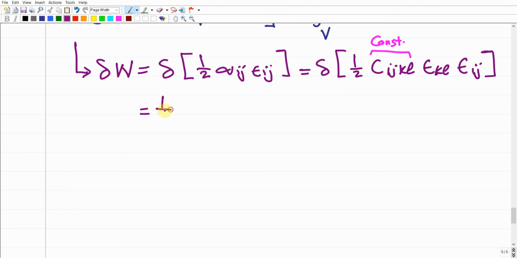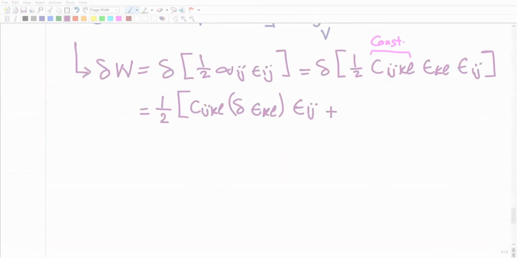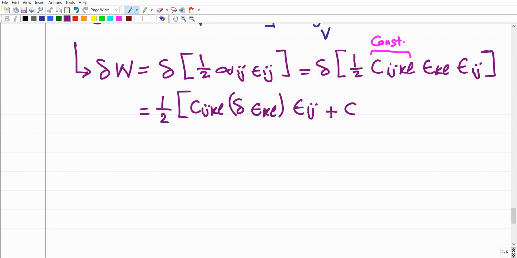So to find the first variation, this is going to be 1 over 2 times Cijkl times the first variation of epsilon kl times epsilon ij, plus, because this is like finding the derivative of the multiplication of two functions, you find the first derivative times the second function, plus the first function times the derivative of the second. So then we have Cijkl times epsilon kl times the first variation of epsilon ij.